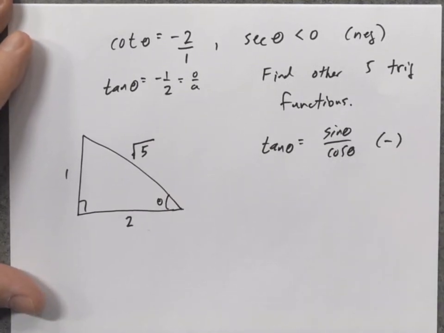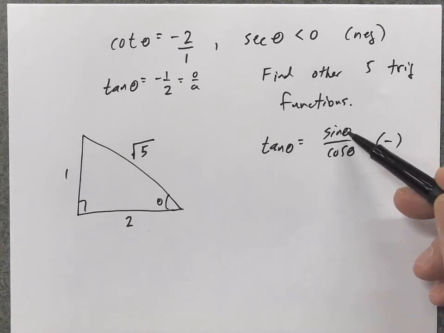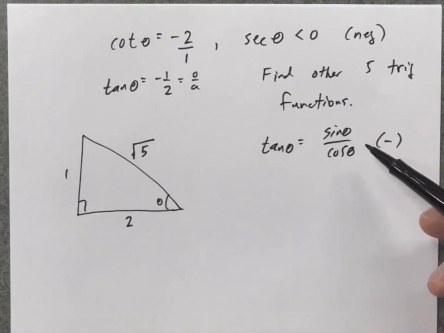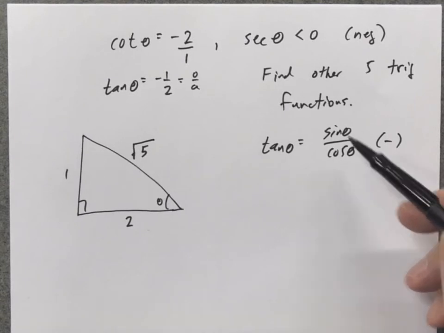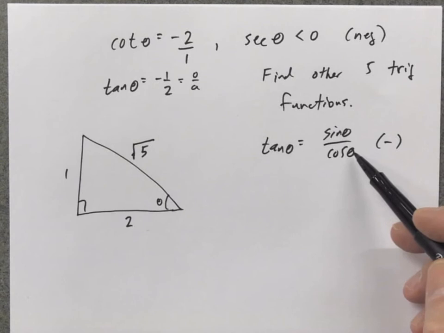I'm trying to figure out what quadrant this angle might be in based upon the tangent being negative. So if I think about the 4 quadrants, which quadrant or quadrants is the tangent negative? Well, if the tangent is the sine over the cosine, the only way tangent can be negative is if one of the sine and cosine is positive and one is negative. Either way. Sine and cosine cannot be the same, positive or negative, because if they're the same, then the tangent would be positive. They have to be opposite.